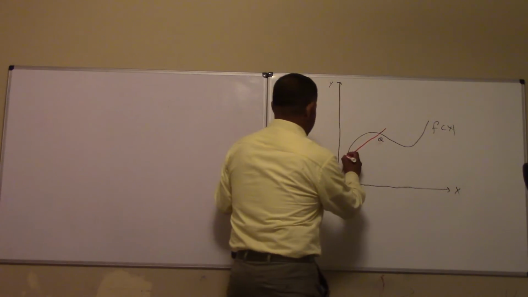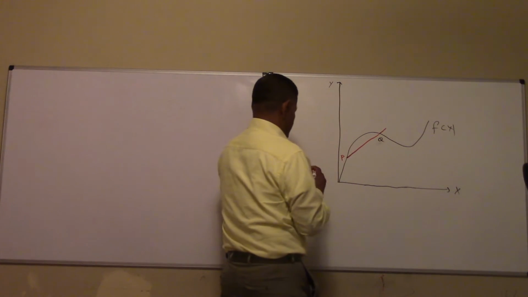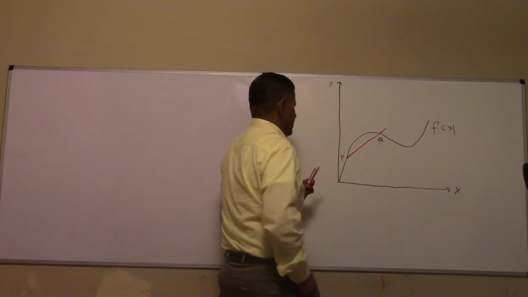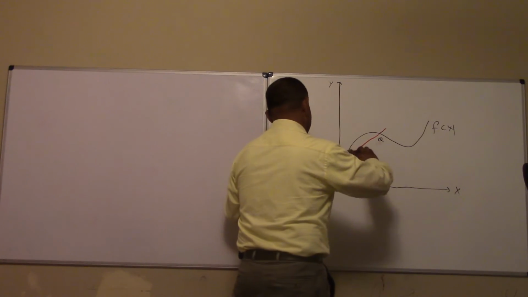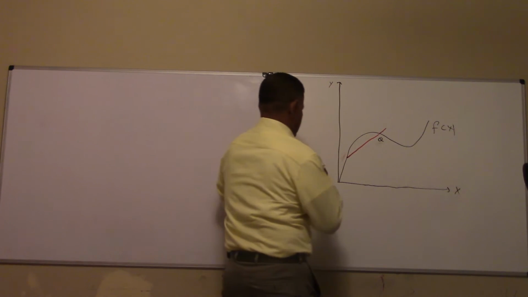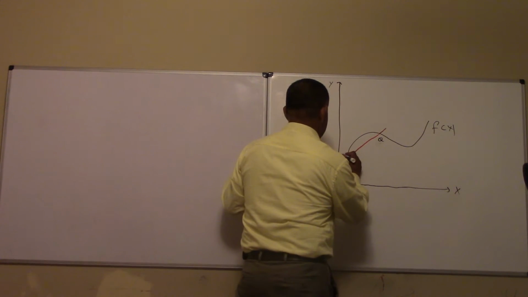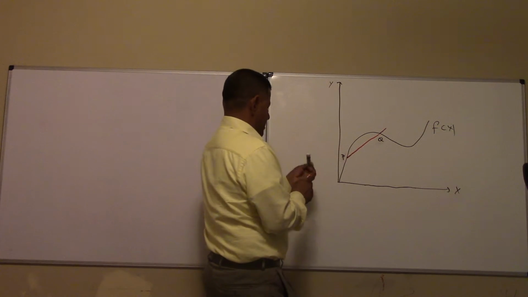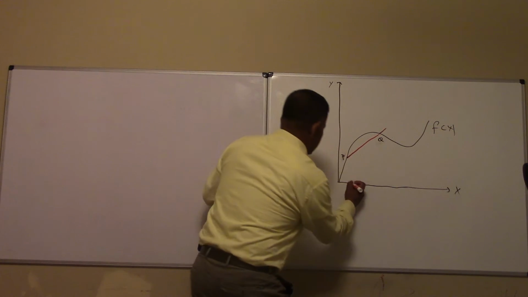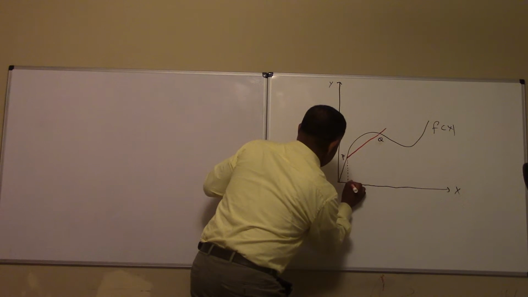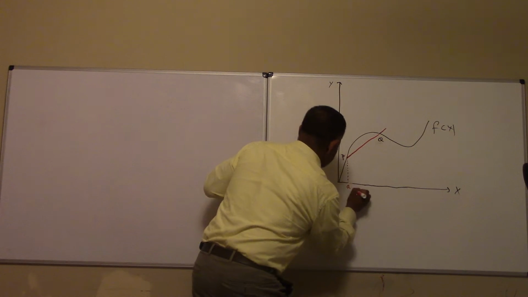Let me put the P here, and let me do this in black. So this is P, this is Q, and here I have an A.